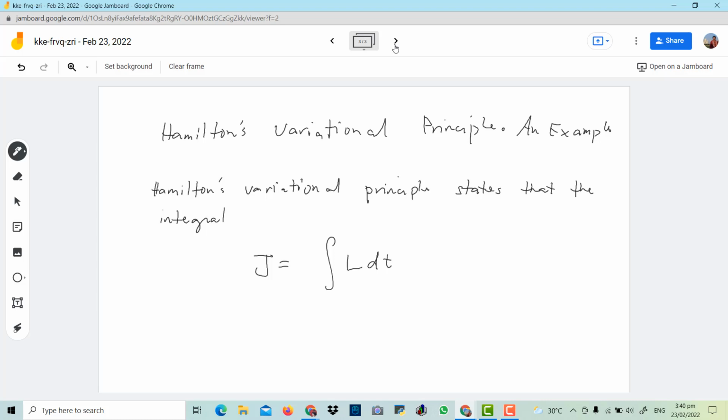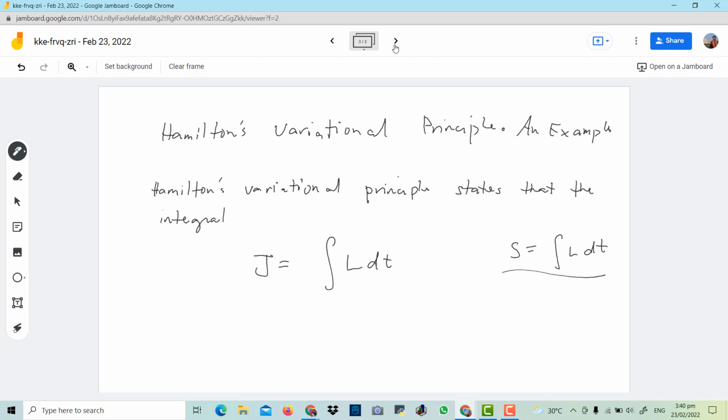If you read Feynman path integral, there we can see this term. We actually call this S in the Feynman path integral, the integral of L dt, the principle of least action.